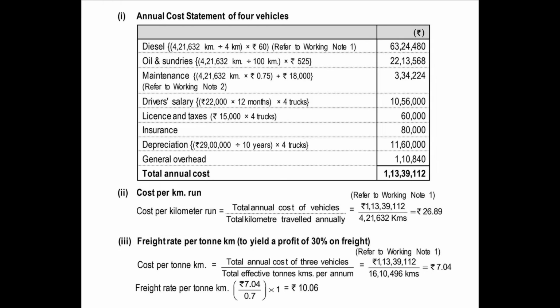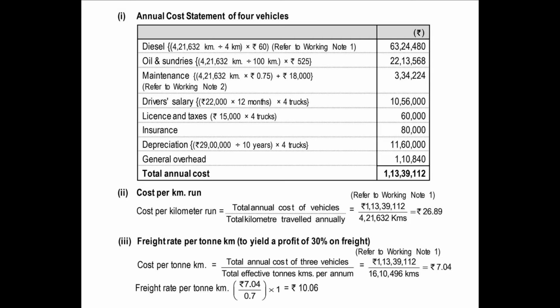So 29 lakhs divided by 10 years is what? That should be multiplied with 4 trucks. Why? Because depreciation information is given for 1 truck. So the total depreciation per annum will be 11,60,000. Update in the outer column.